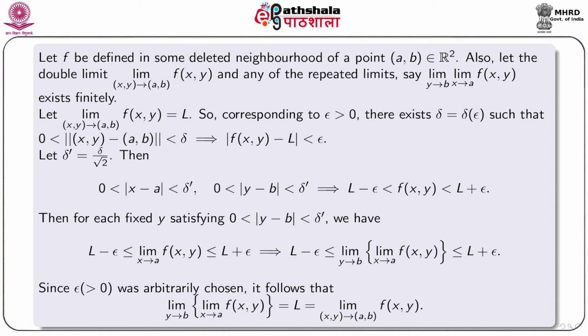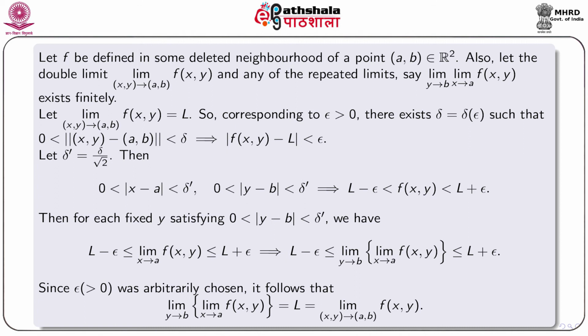Now we consider each fixed y such that 0 less than modulus of y minus b less than delta dash. Then we consider the limit of f(x, y) as x approaches a. So we have L minus epsilon less or equal to limit of f(x, y) as x approaches a less or equal to L plus epsilon. Then we consider the limit as y approaches b. So what we have?